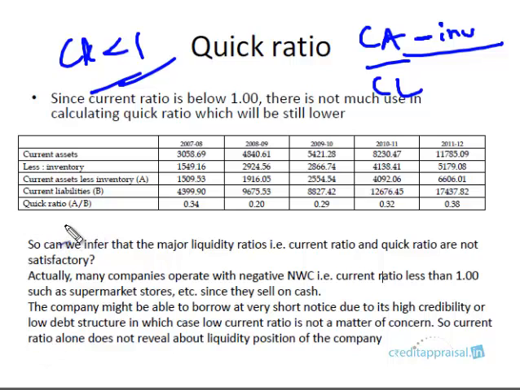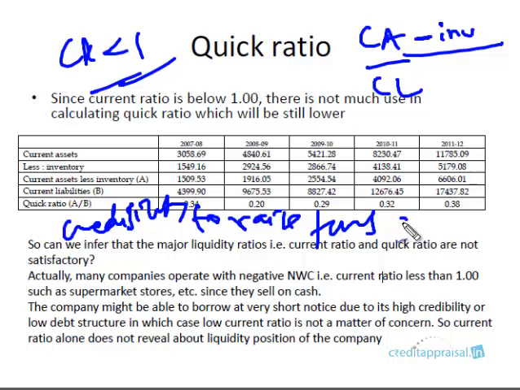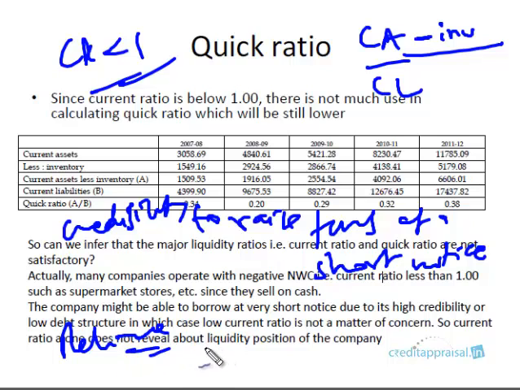You should also always remember: does the company have the credibility to raise funds at short notice? If you're a really huge company like Reliance, say today you urgently want 10 crores. Just by picking up a phone to the banker, a company of the stature of Reliance can arrange 10 crores within no time, if it really wants that.